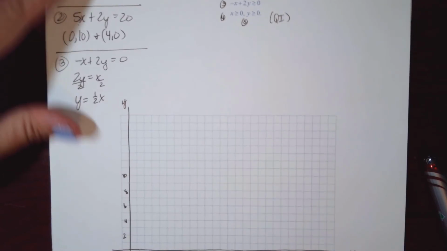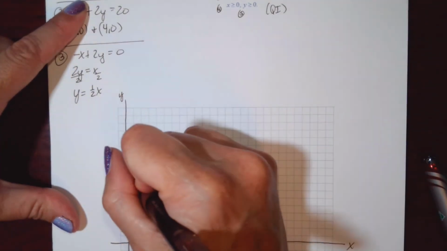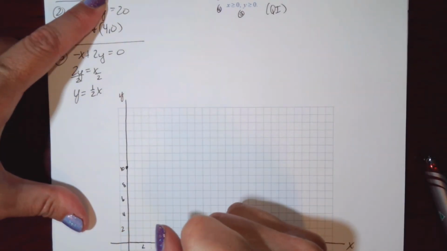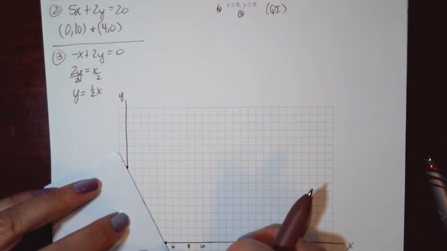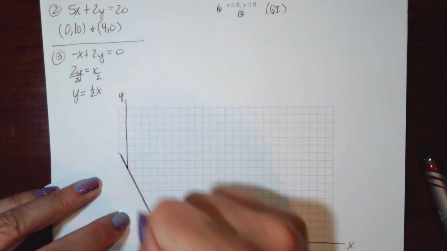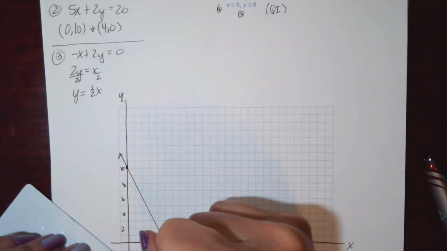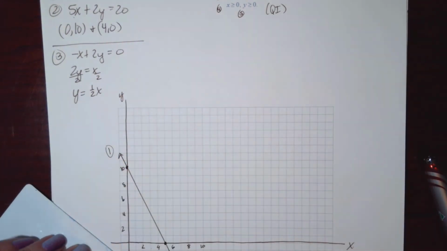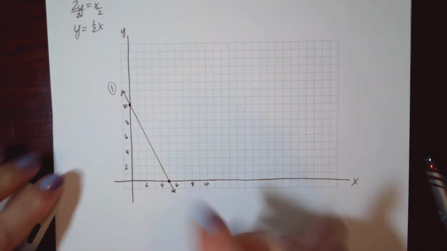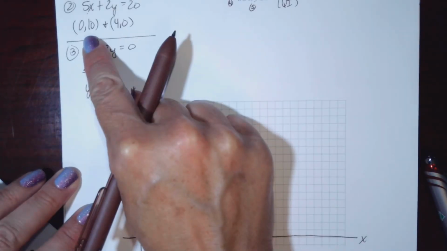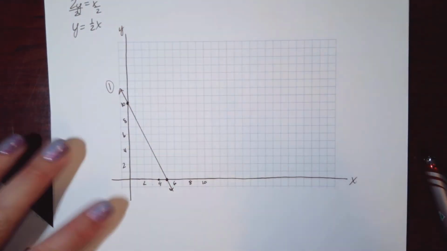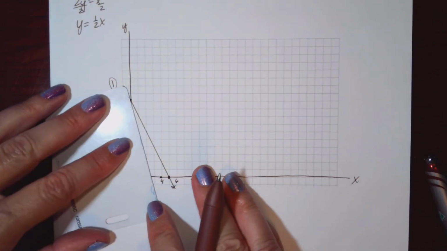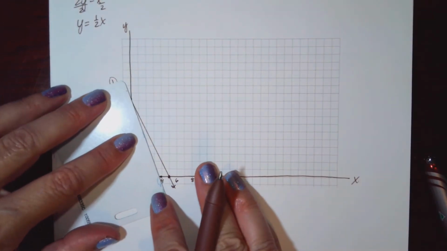My first boundary line is at 0, 10 and 5, 0. Nice, straight, solid lines. So that's my first boundary line. My second boundary line goes from 0, 10 to 4, 0. Really close together, aren't they?